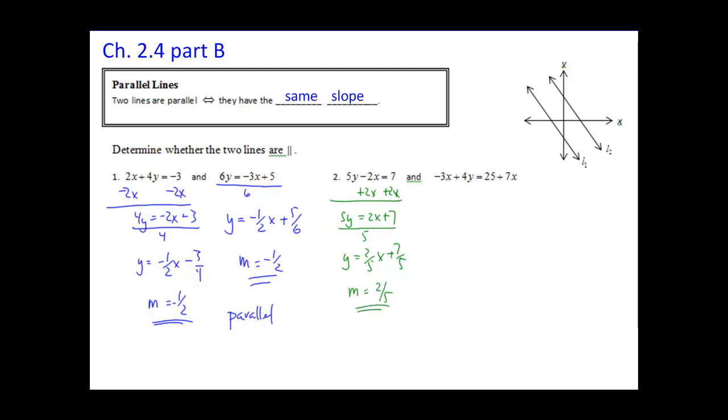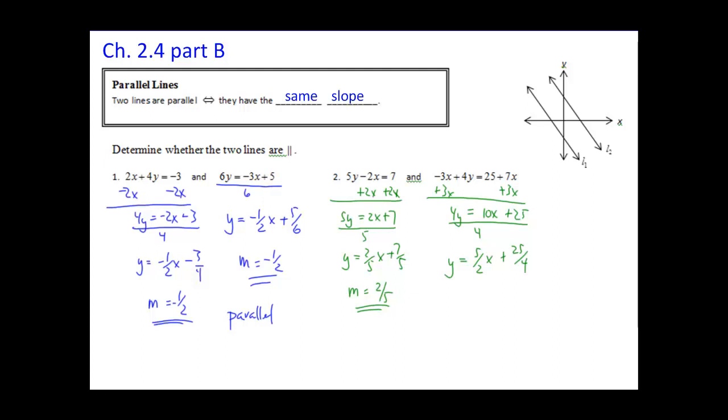We need to compare that 2/5 to this next equation. We've got 2 x's on the side, so let's add 3x. You get 4y equals 10x plus 25. If we divide by 4, we get y equals 10/4, reduced is 5/2, x plus 25/4. The y-intercepts are not the same.